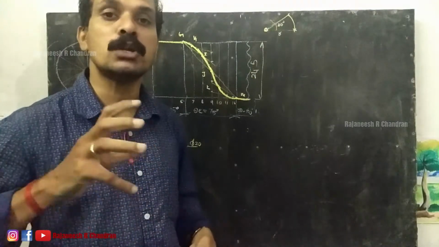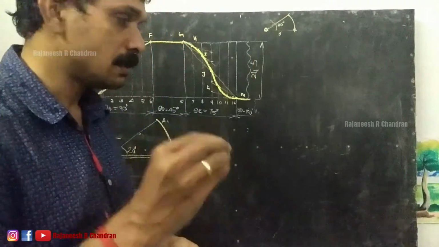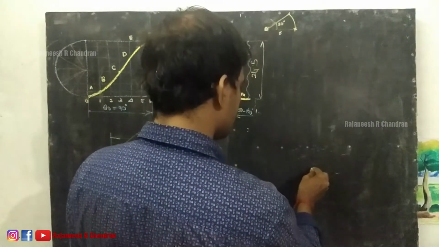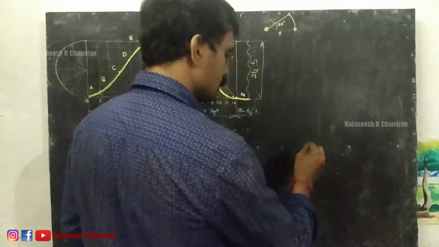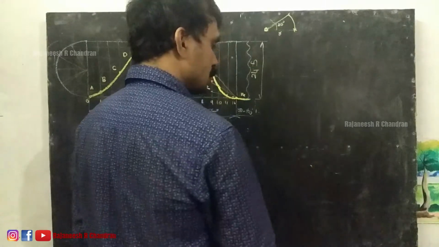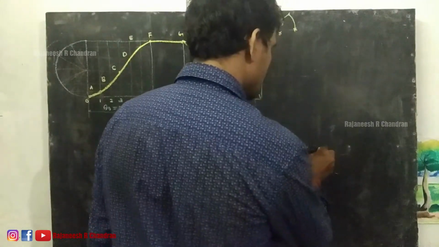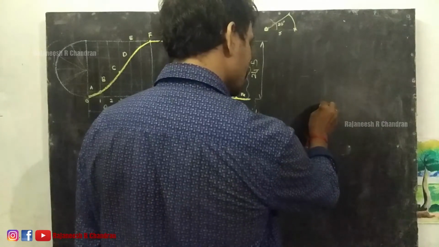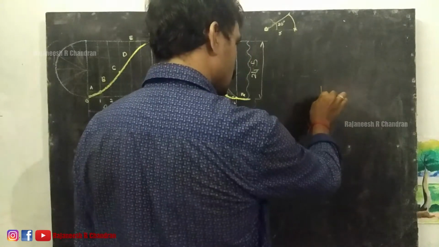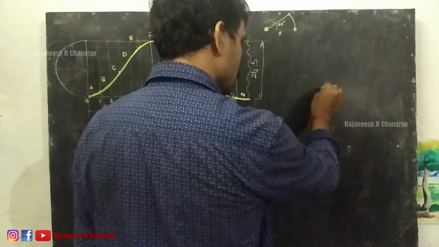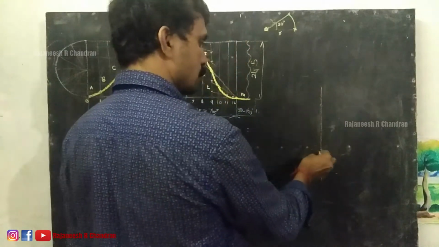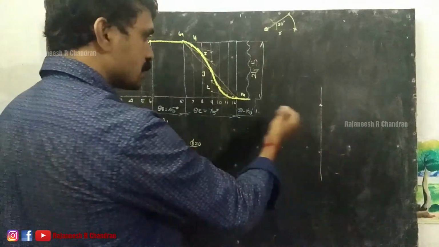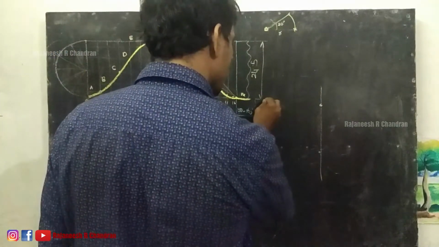So how can we utilize the data? See, select any point here. It is given that at a height of 60, so draw a vertical line through this pivot point, at a height of 60 and at a distance of 70.